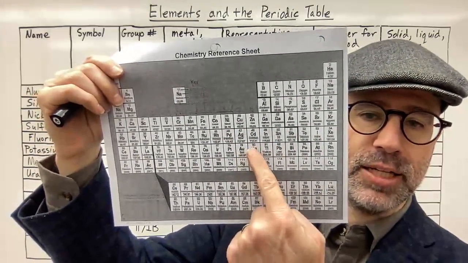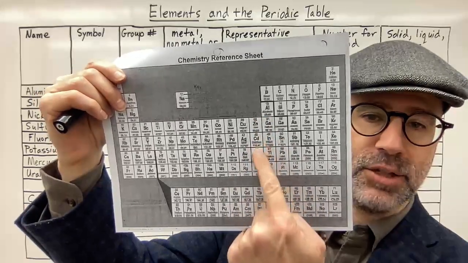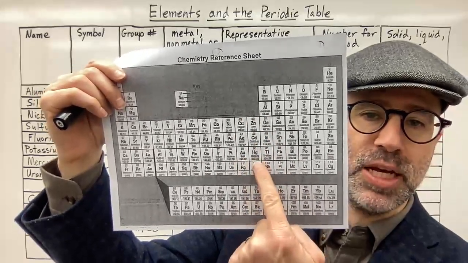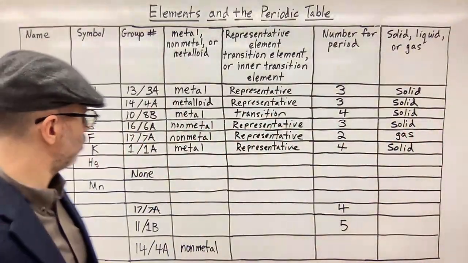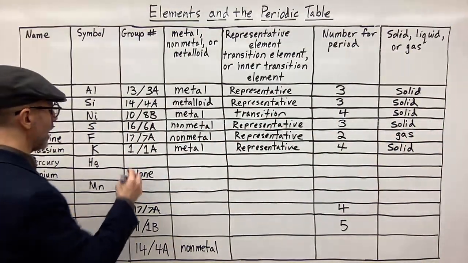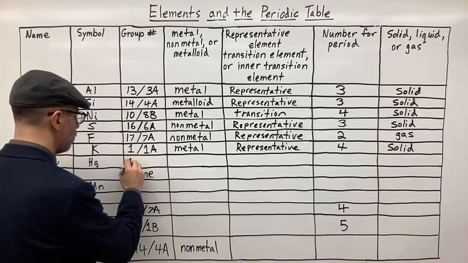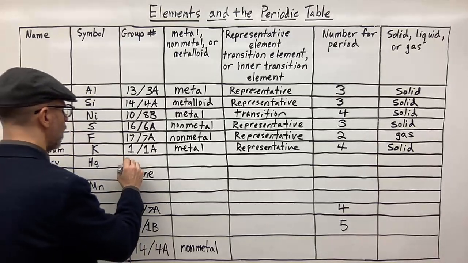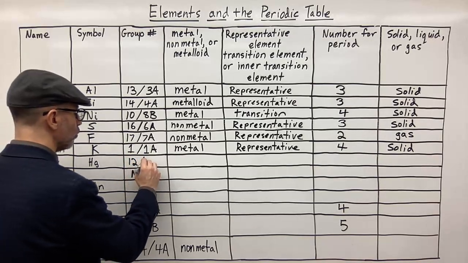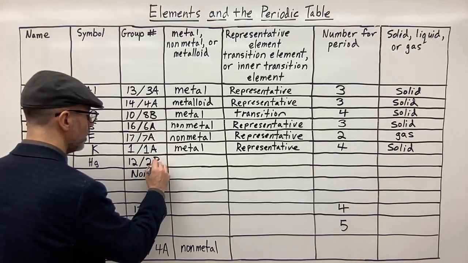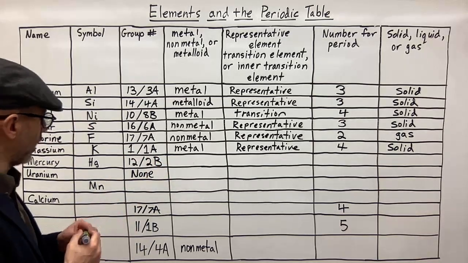Right there. It's in the last group of the B groups, the transition elements here. So if you remember the numbering, that's going to be number 12 according to IUPAC, but it's also 2B according to the old way of naming.